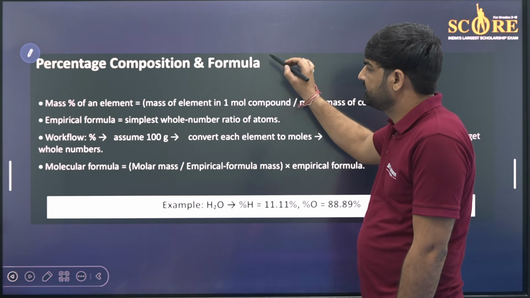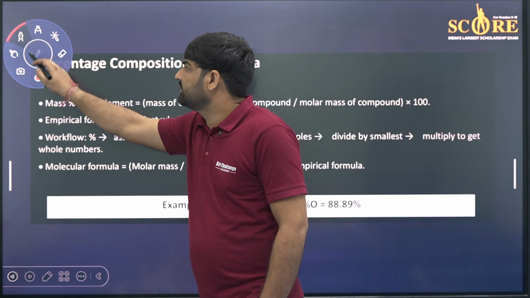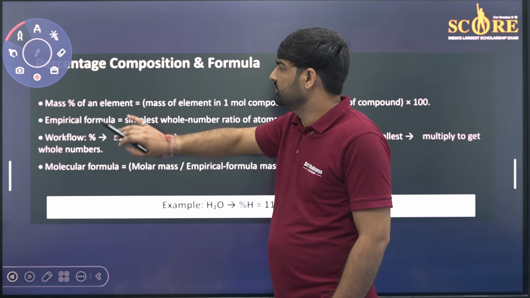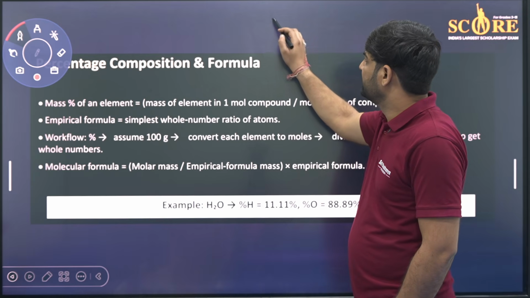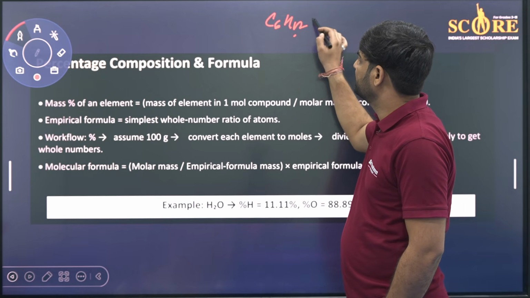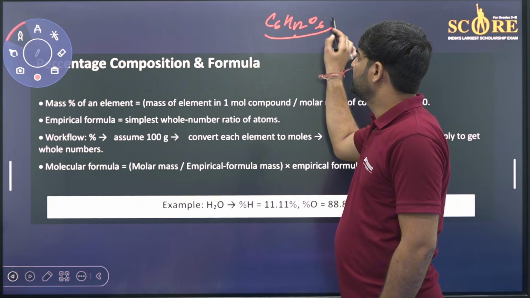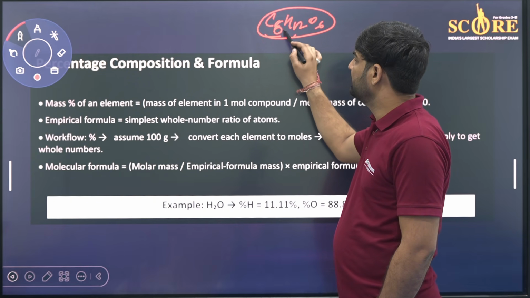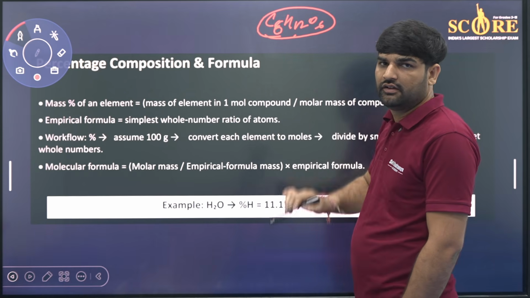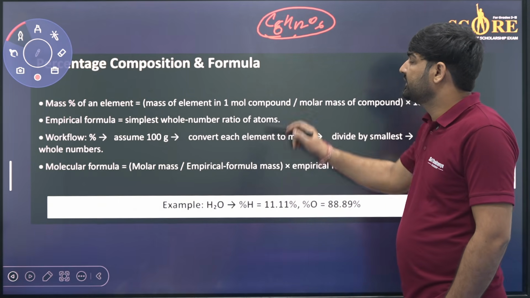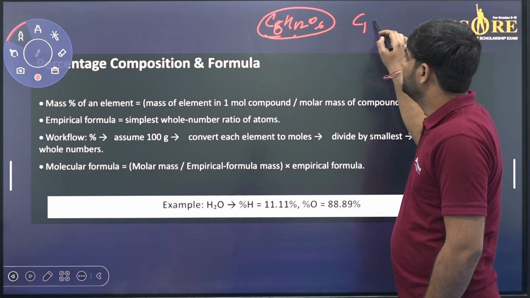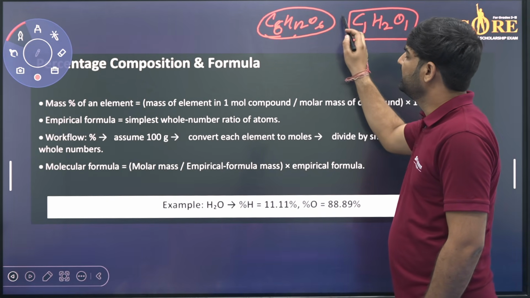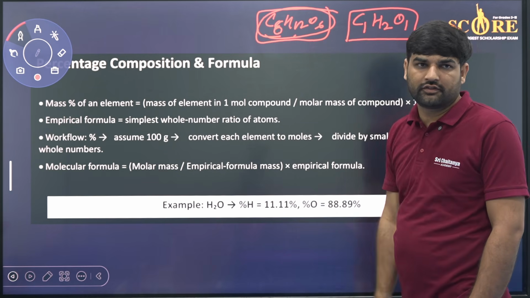Take glucose, C6H12O6. In glucose, one molecule contains 6 carbon, 12 hydrogen and 6 oxygen. But the simplest ratio will be C1H2O1. This represents the empirical formula and this represents the molecular formula.